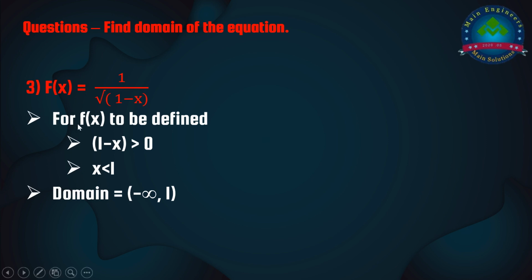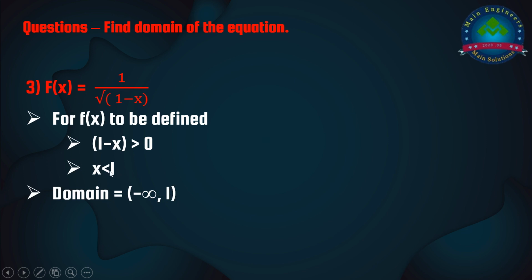We are using the same condition here as well. So for f(x) to be defined, 1 − x is going to be greater than 0. That means x is going to be less than 1, and domain is equal to all the values less than 1. That means domain is equal to (−∞, 1).